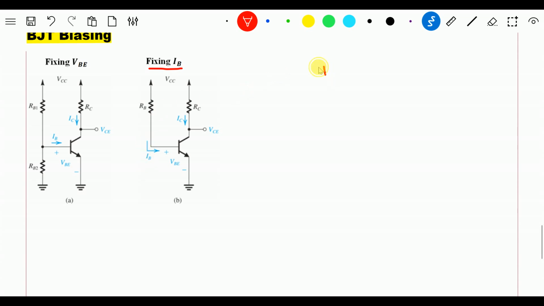You need not find VB, because in this circuit VB is nothing but VCC. So my IB will be equal to VCC minus VBE divided by the base resistor RB. So this is the formula.